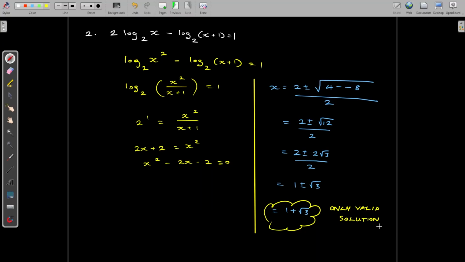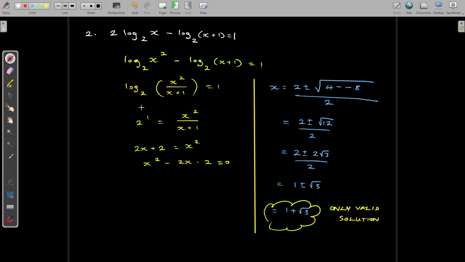Alright, good. So is everyone clear with that one? So what did we do there? Sir, could you explain how you have 2 to the first power is equal to x squared over x plus 1?